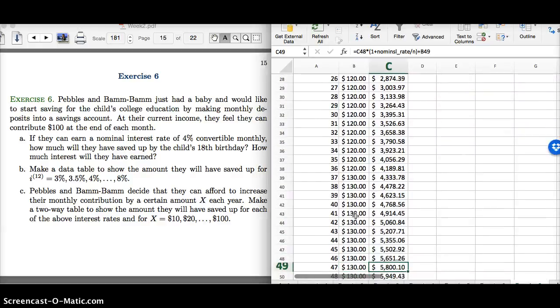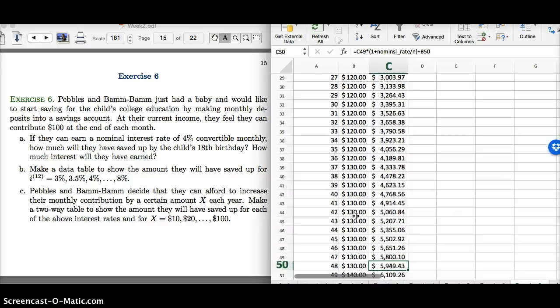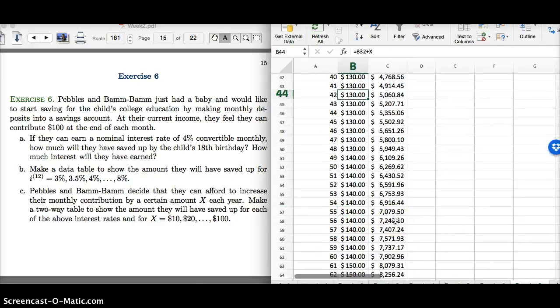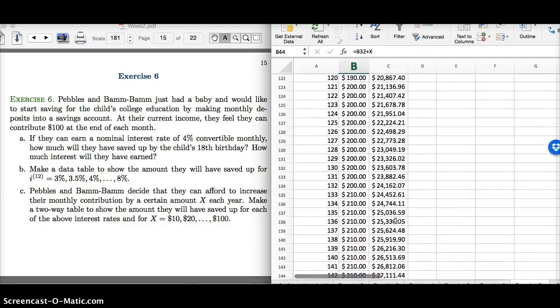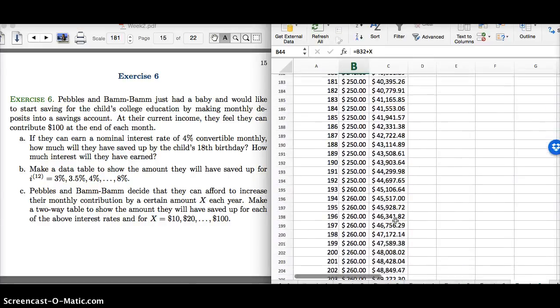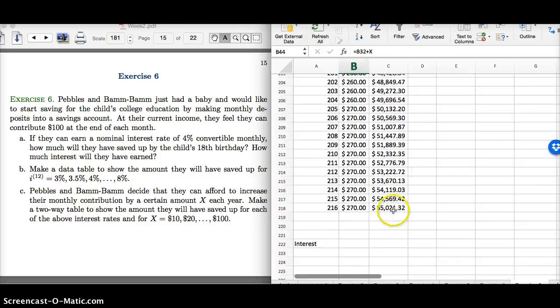Column C is computed the same as before, and so under 4%, increasing the deposit by $10 each year, we end up with $55,021.32. That's cell 218.